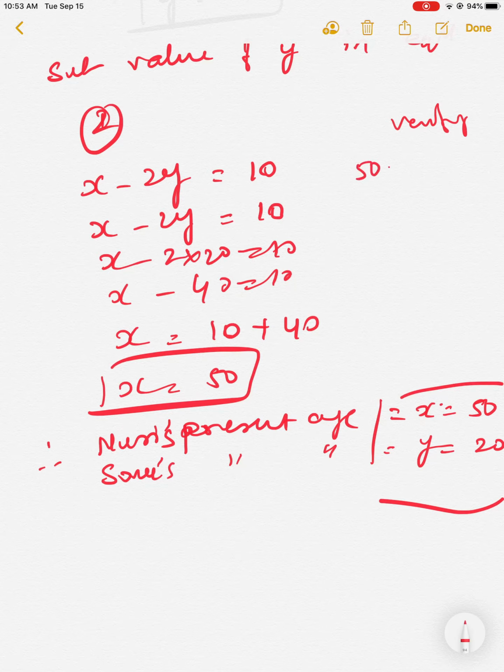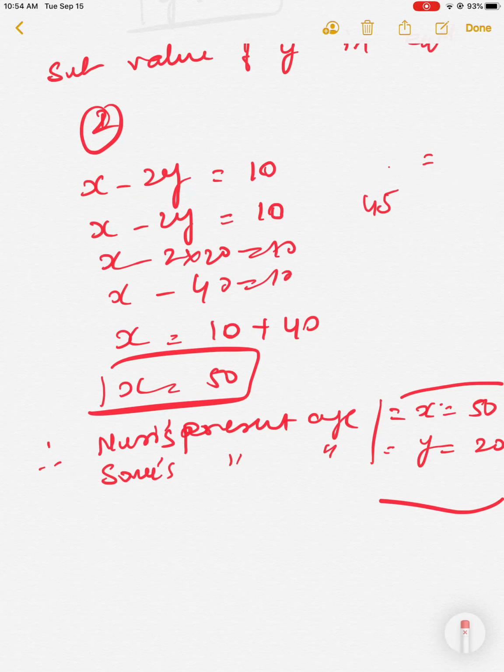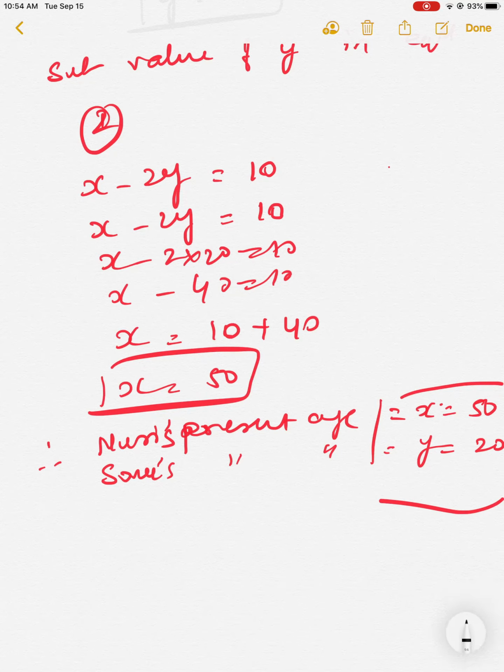Okay, 5 years ago he is 45, which is equal to 3 times Sonu's age. 5 years ago Nuru was thrice. 10 years later, present age is 50, 10 years later her age will be 60.